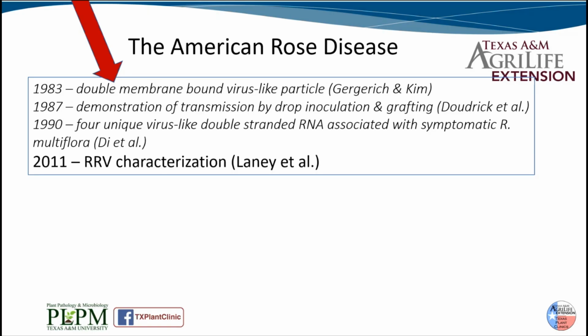It was kind of interesting. I was working with rose rosette in the early 2000s, and the way that we would diagnose it is if you see symptoms and you find the mite, it's a positive. It wasn't until after 2011 that we actually had a genetic tool to be able to go after that virus. And one of the things about having that ability, we also learned that that's not always foolproof.